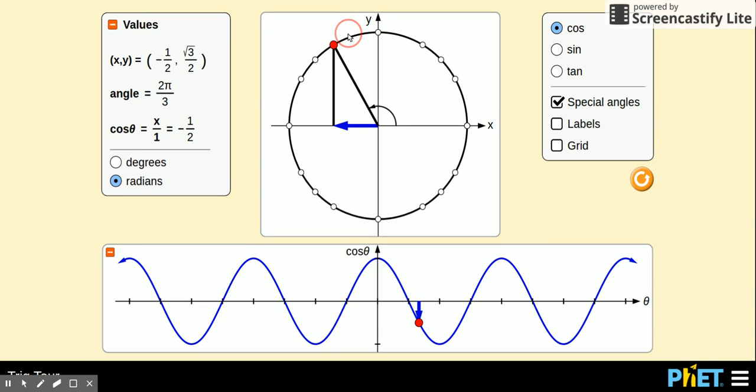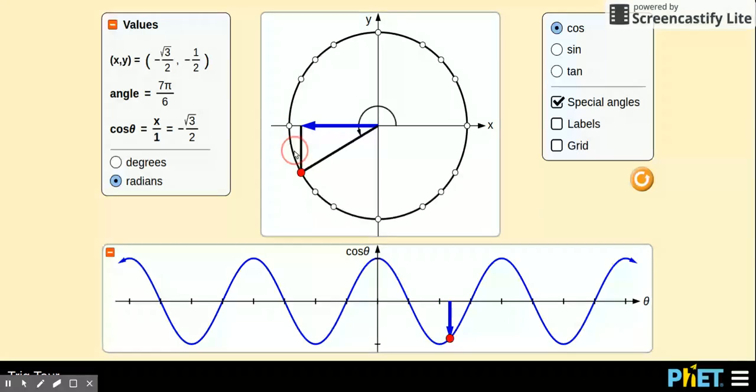And as we start to move left of the center of the circle, we could describe this as having a negative horizontal displacement. So on our cosine plot, we start to move into the realm of negative values. And we eventually move to 180 degrees, or pi radians, where we have our most negative value possible.